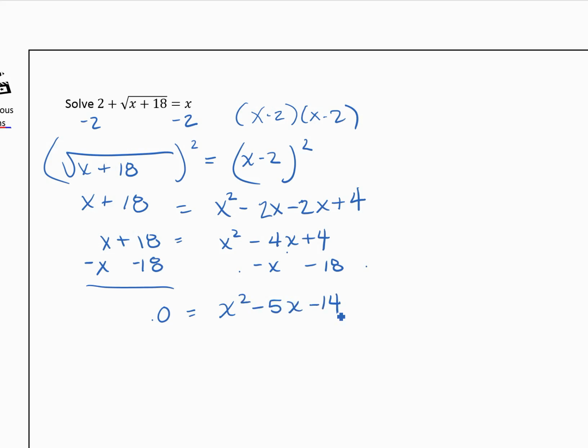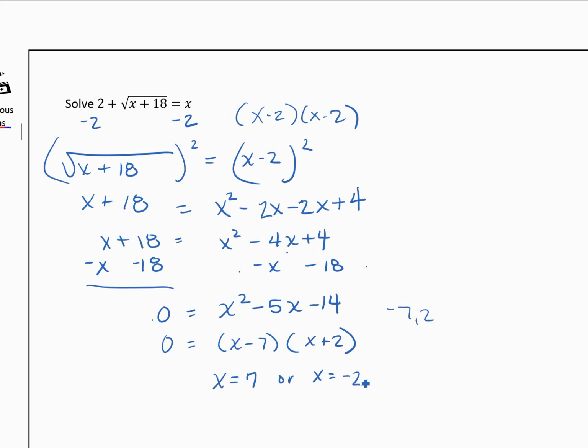So let's see if we can factor this. We need two values that multiply to get negative 14, add to get negative 5, so I think negative 7 and positive 2 will do that. So we're going to do x minus 7 and x plus 2. So here we'll get x equals 7 or x equals negative 2.